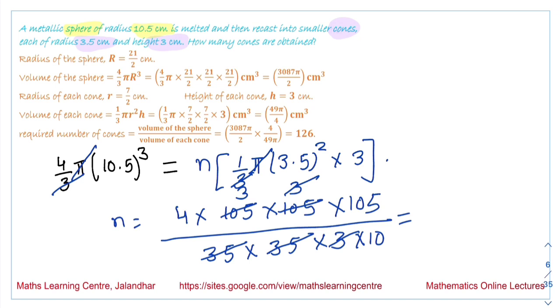So if we divide these values with 5, we are left with 2 over here, and it is 21, and these two values get cancelled and we are left with 2. So the answer we are left with is 21 into 6, that is equal to 126. So we are saying the required number of cones is equal to 126.